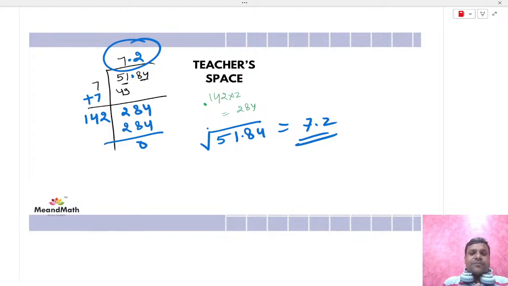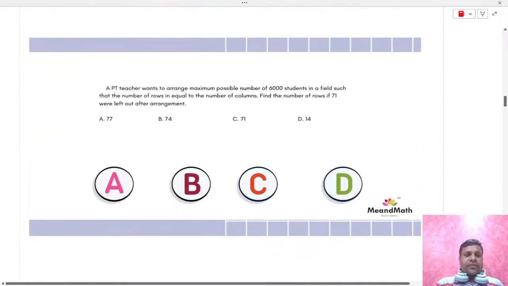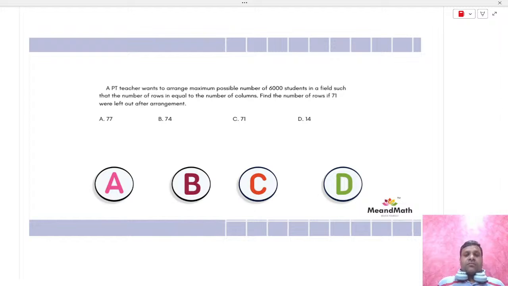Okay, let's move to the next question. So this is the next question for the session. A PT teacher wants to arrange the maximum possible number of 6,000 students on a field such that the number of rows is equal to the number of columns. Find the number of rows if 71 were left out after arrangement.